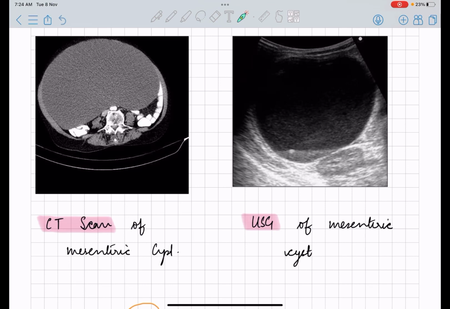We can see how big the cyst actually is, and the intestines are pushed to the sides. We can also take a look at the picture on the right, that is an ultrasound of a mesenteric cyst. This particular cyst appears uniloculated, and there is certain heterogeneity here.